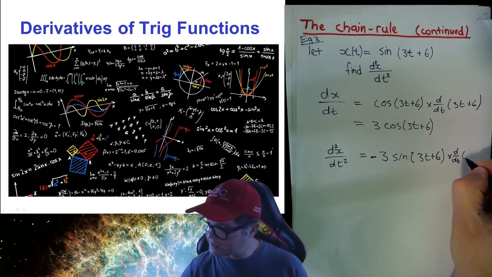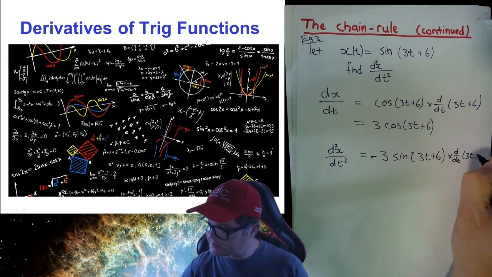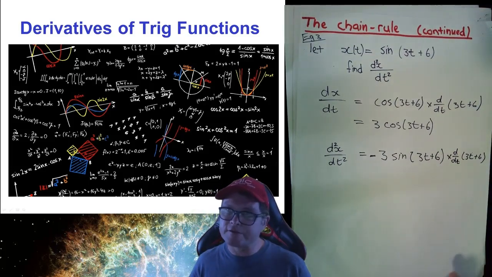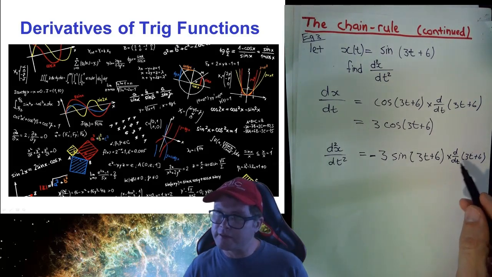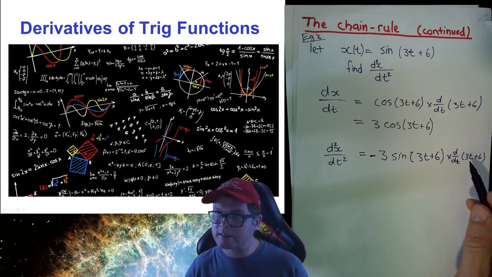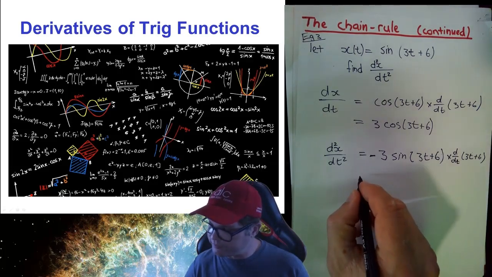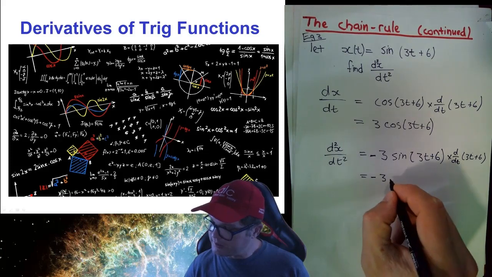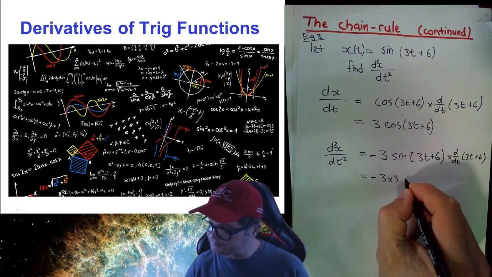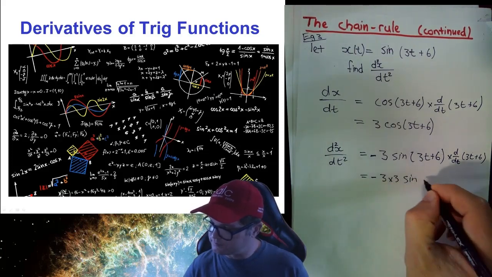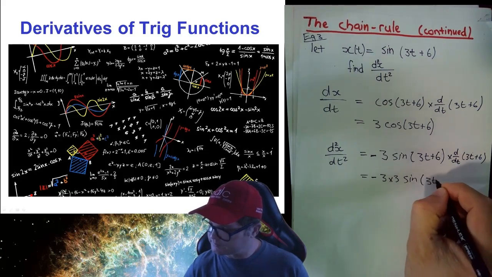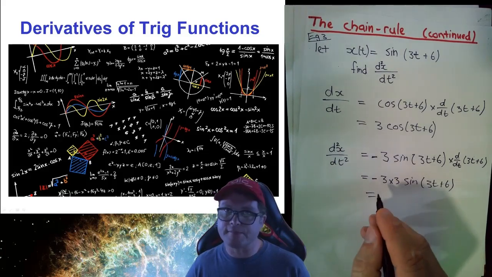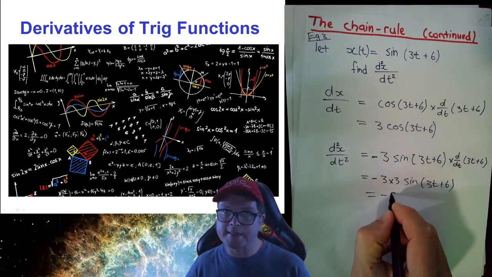So for this case, what's inside is 3t plus 6. So when I evaluate this further, I can see that differentiating this is going to give another factor of 3. So this is going to be minus 3 times 3, and of course 3 times 3 is just minus 9.